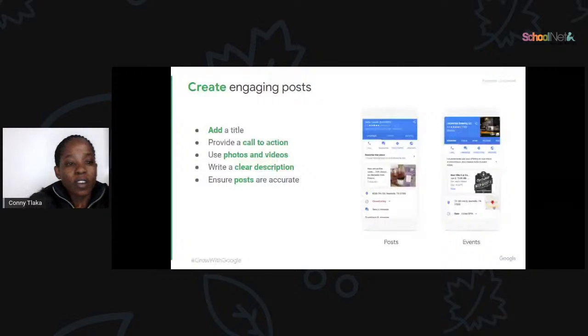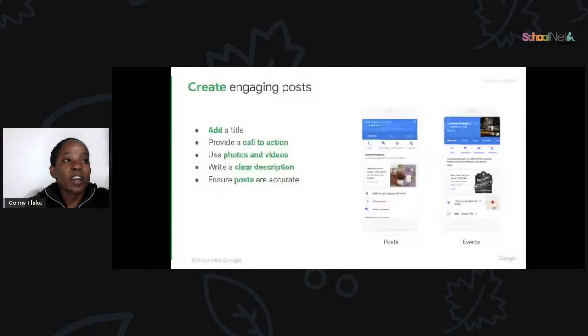You also need to write a clear description. Provide as much information as possible. You can use up to 1,500 characters for your post description, but the ideal amount is between 150 and 300.